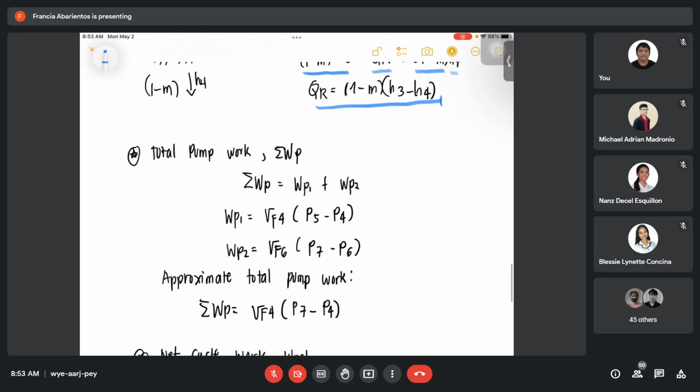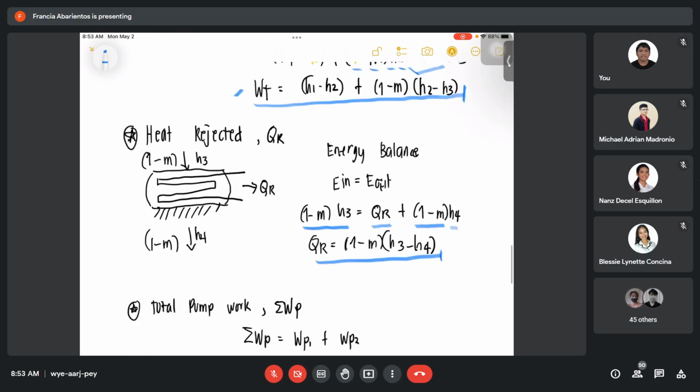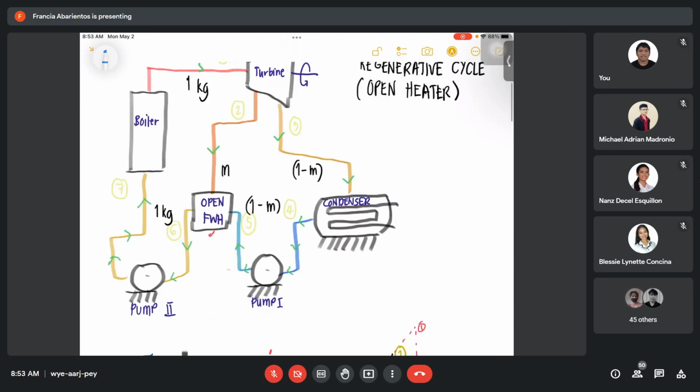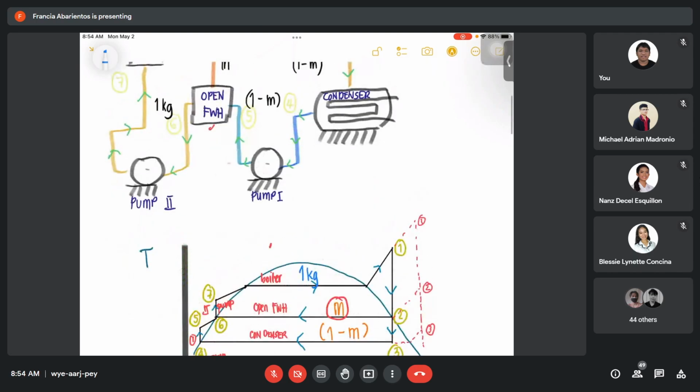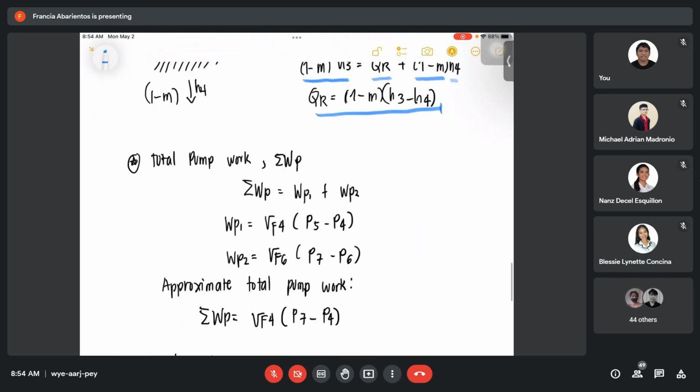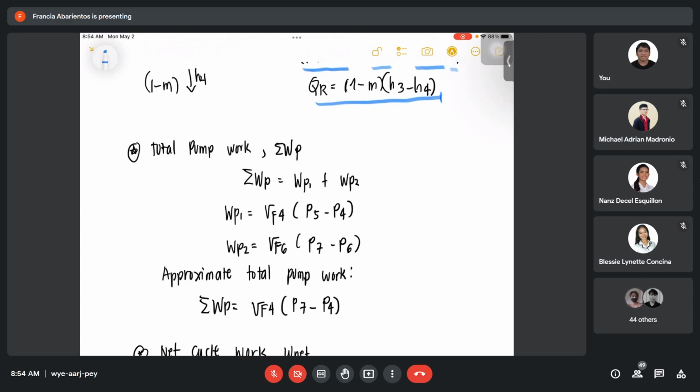Total pump work. Okay. Sabi ko kanina, regenerative, we have two pumps. We have pump at point 1, so from the condenser to the open feed water, that is where pump 1 is located. And after the open feed water to the boiler, we have another pump located. Okay, so the total pump work now is the summation of the pump work at the first location and the pump at the second location.